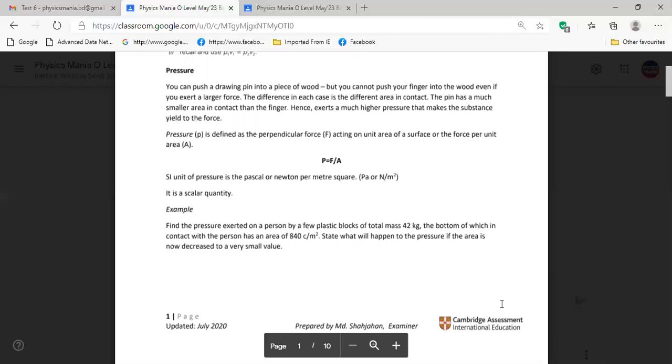Well, you got the answer? Wait. The area is centimeter square or meter square? It's centimeter square. Okay.